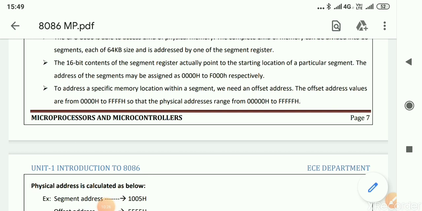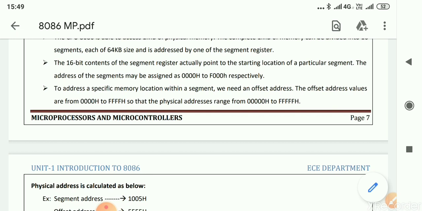So all four segments are 64 kilobyte and 16 bit, that is 0000H to FFFFH. Or any other values of the 16 bits can be assigned to the segments.